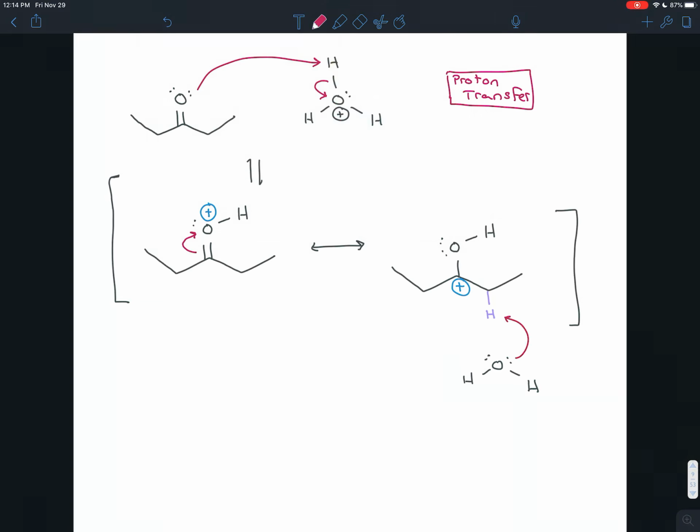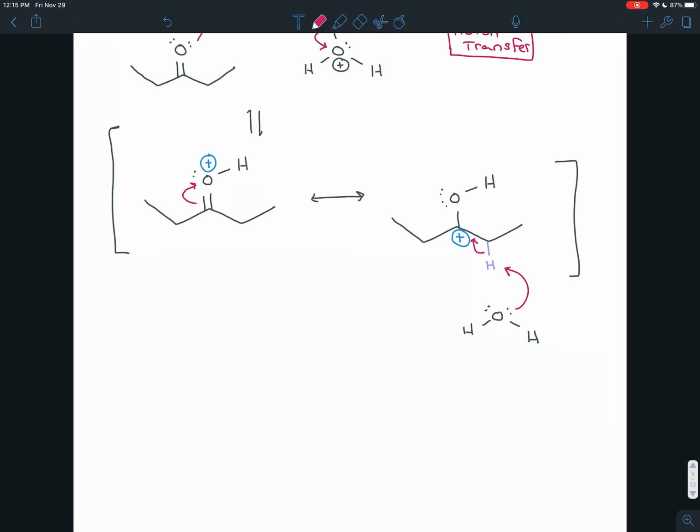This base can steal that, and the electrons can move over to fill in the void where the positive charge is. Those electrons are attracted to that positive charge, so they create a pi bond there. And this is our second proton transfer. Whenever you go from the ketone to the enol, you always have 2 proton transfers.